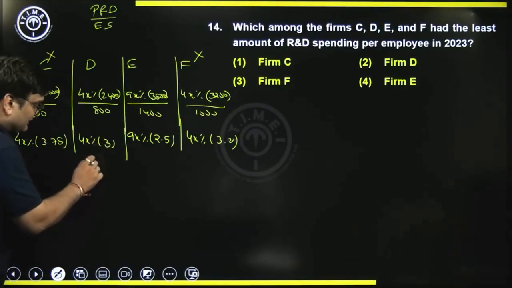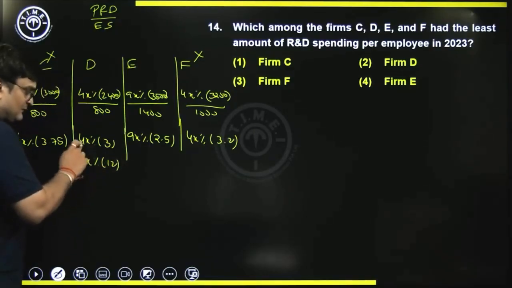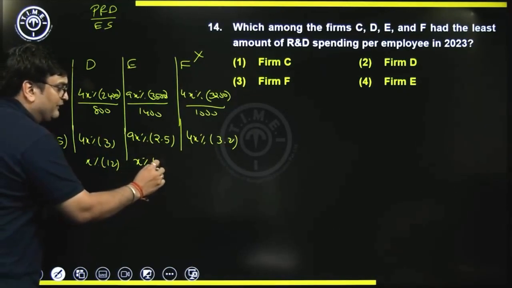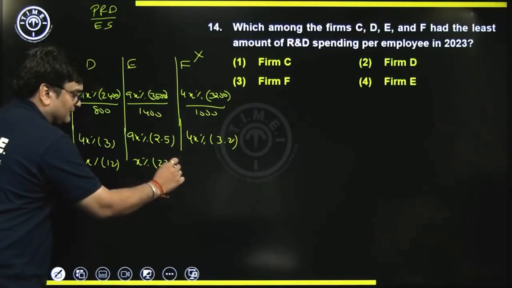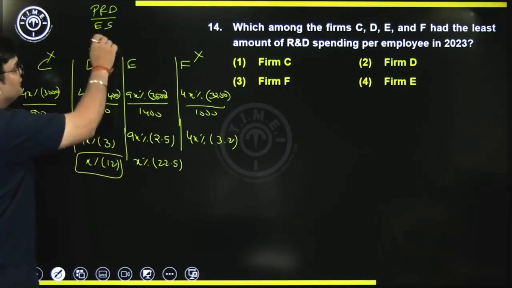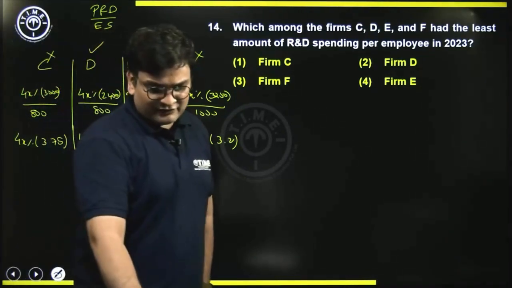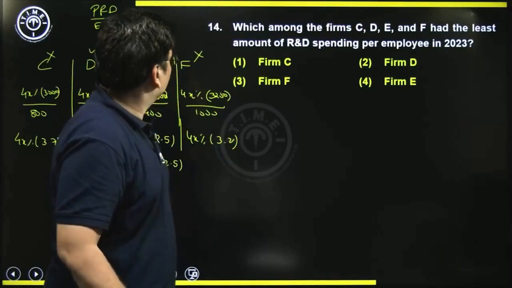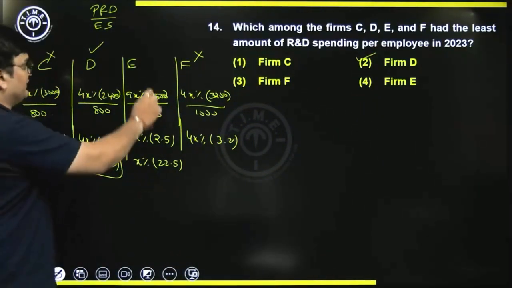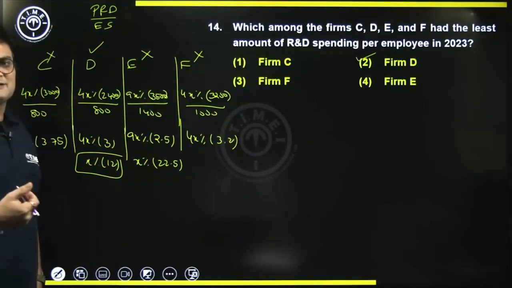So this is nothing but I can write as x% of 12 when I take this 4 inside, and this is nothing but x% of 9 into 2.5 will be what? 22.5. Clearly this is bigger. So thus can I say the least will be the firm D, which will be the second option choice. So second option, firm D, will be our answer. So E is also bigger, hence not my answer.